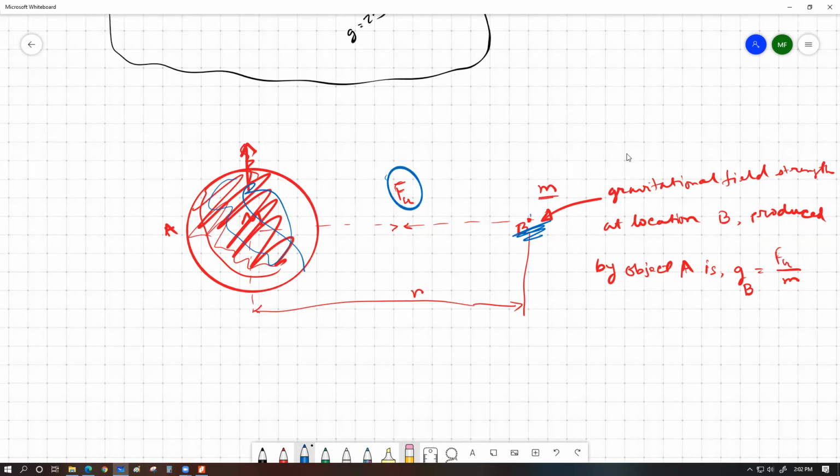So we are saying that the gravitational field strength at location B produced by object A is given by Fg by m, where we have divided by the test mass. This same information could be written vice versa. But before I go for the vice versa part, has this expression, or this line, been understood?